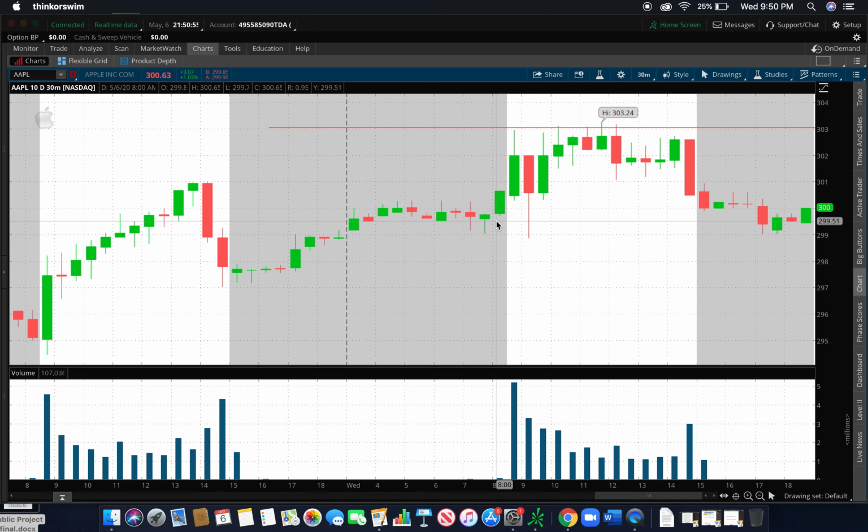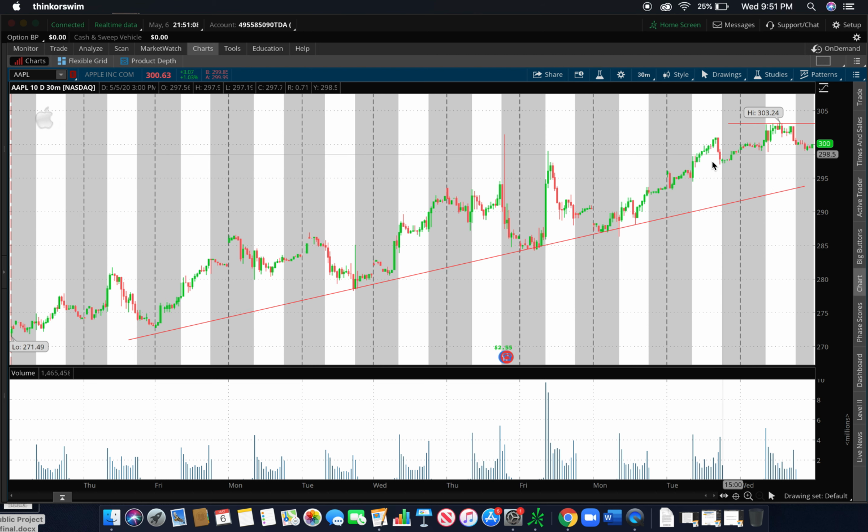So for the near-term future, like I said, I'm a little bit bearish, especially because it's not able to go over the 303, and it's been gapping up for the past two weeks basically. So that being said, where do I think Apple is heading?